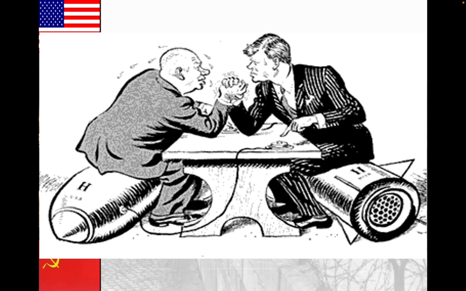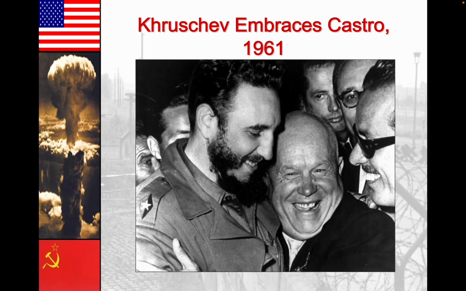So you see here that the leader of the United States, Kennedy, and the leader of the Soviet Union, Nikita Khrushchev, both were sitting on their hydrogen bombs. And it's going to be Cuba which is going to change what's going on. Cuba decides that they're going to go to the communist side.